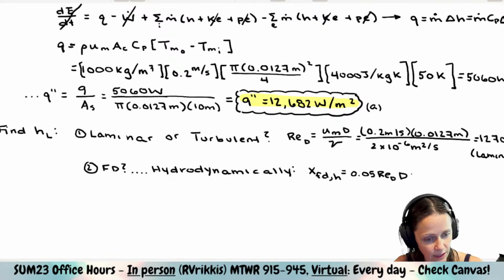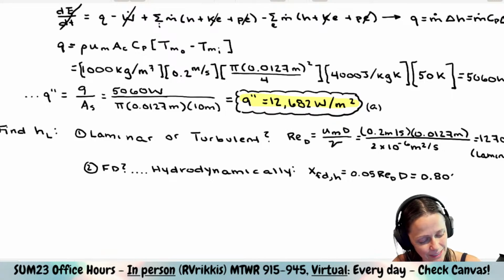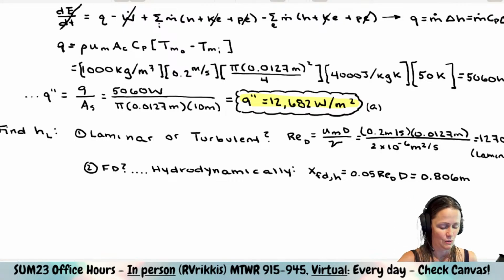So yeah, let's calculate that guy. This guy is 0.806 meters. So if you're listening from the lecture this morning, I need to put out a correction.